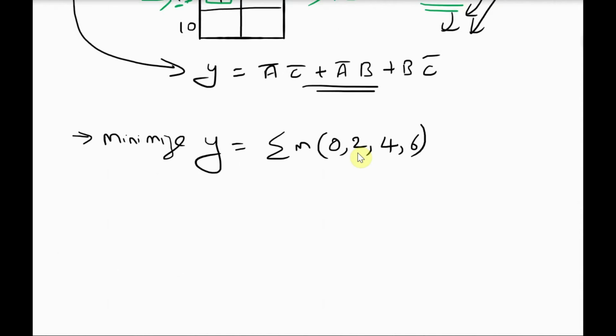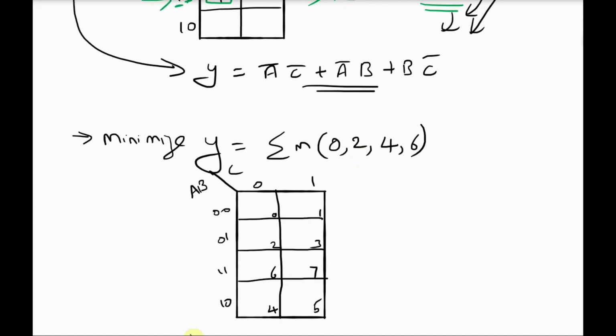So we need a 3 variable K-map. First I will draw the K-map. When we map the given min terms to the K-map, 0 means the first cell, 2 is here, 4 is here, 6 is here. And we have to group it. So we can straight away group these 4 cells together. They are all adjacent to each other.